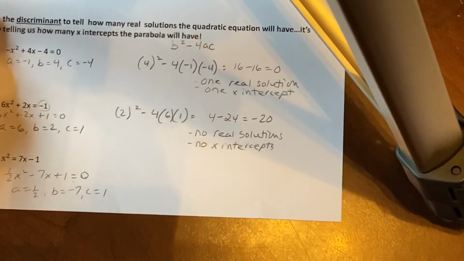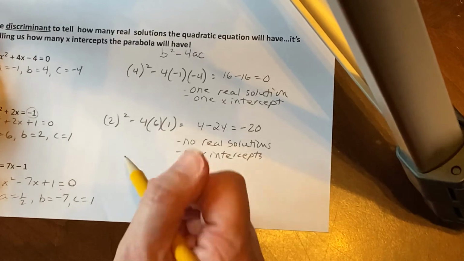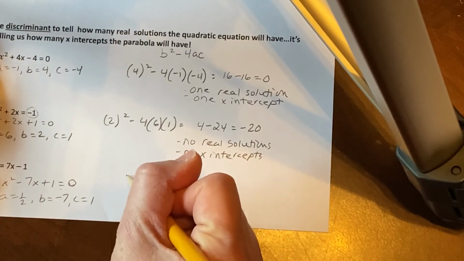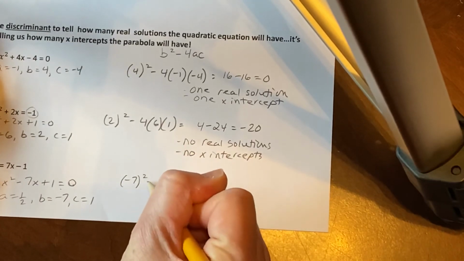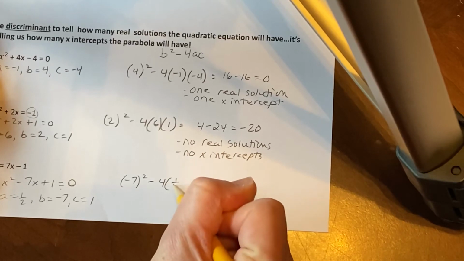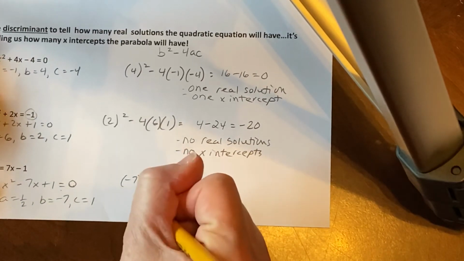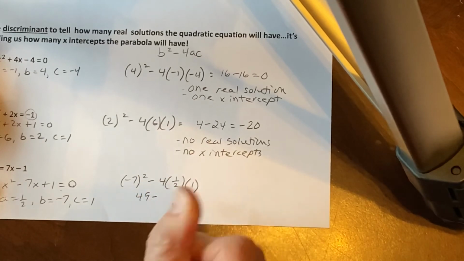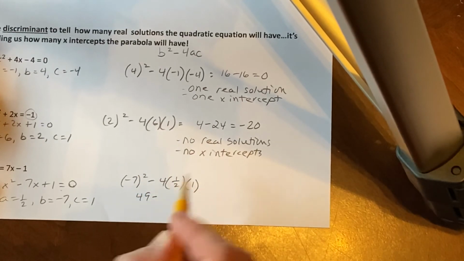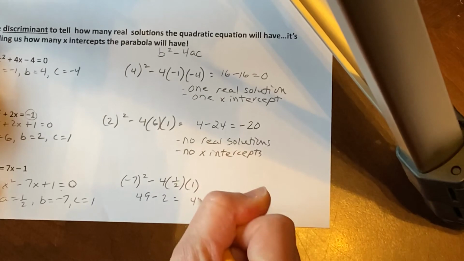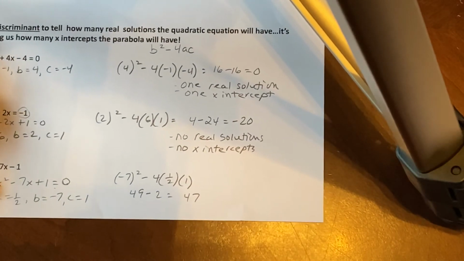Then plug it back in like you've been doing. That would be negative 7 squared minus 4 times 1/2 times 1. So that's 49 minus, 4 times 1/2 is just 2, so that's 47. That's a positive answer.